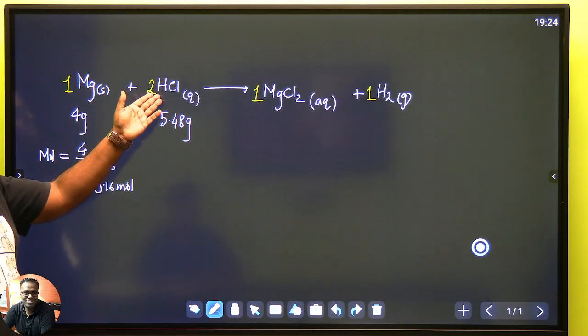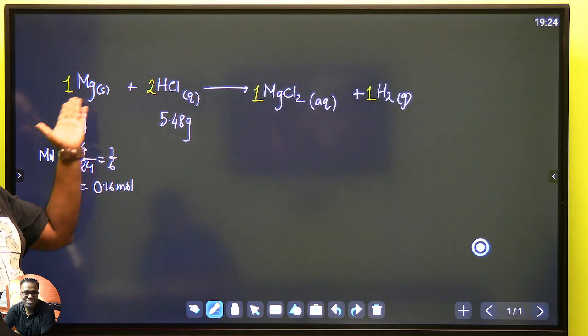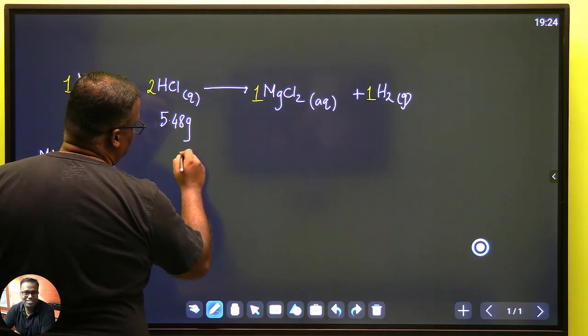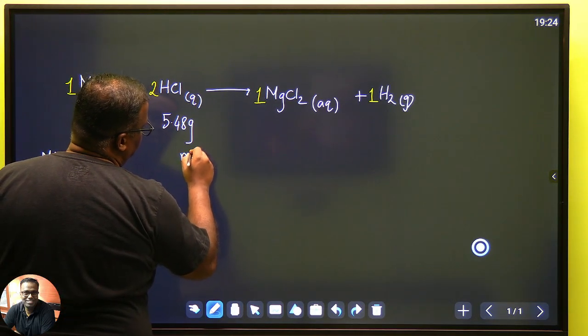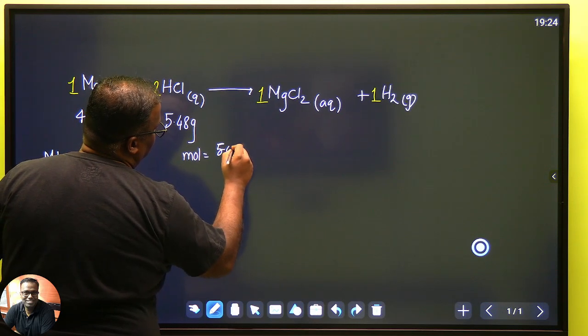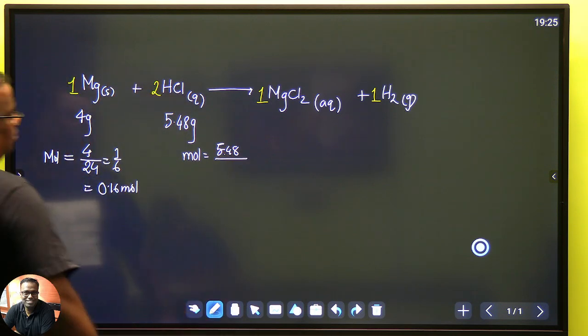And how do you go by this reaction? Whatever HCl is present with you, you need twice the quantity of HCl, or you need half the quantity of magnesium. तो HCl के लिए करते हैं. Let's find the moles for HCl. So this is 5.48 divided by the molar mass of HCl.